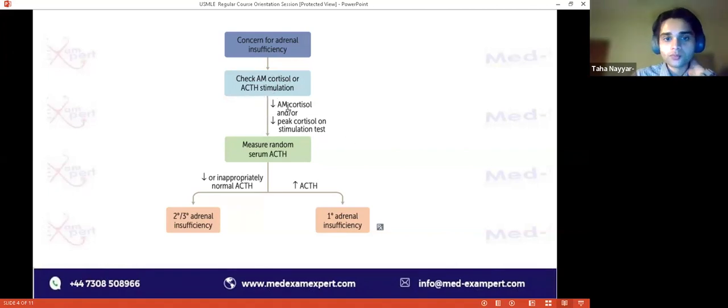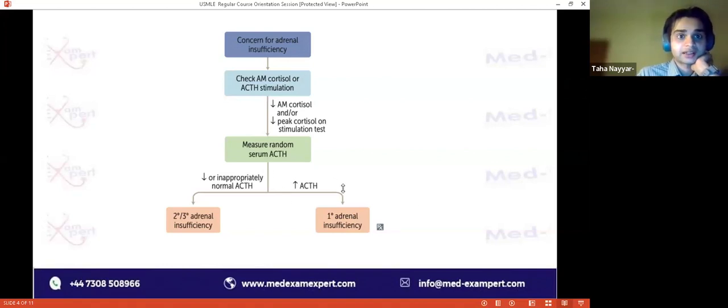Now, you can measure random serum ACTH level as well. If the ACTH levels are very high, it means that it is not getting feedback inhibition from the cortisol.